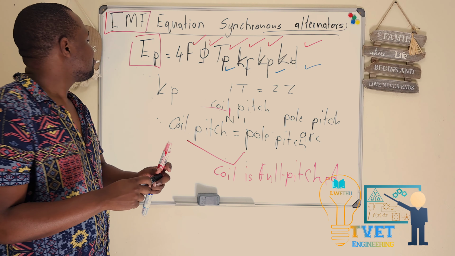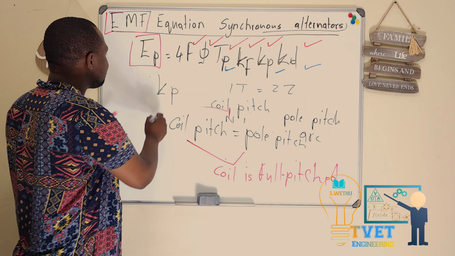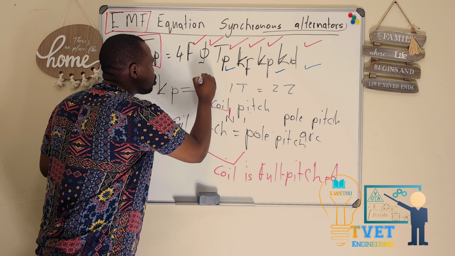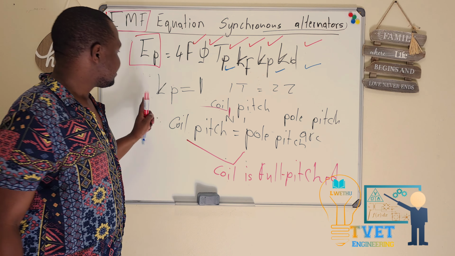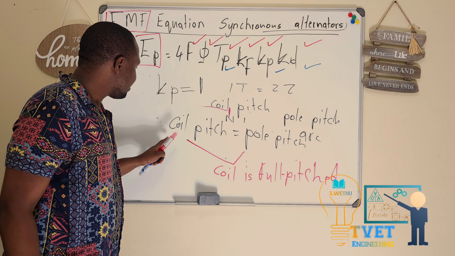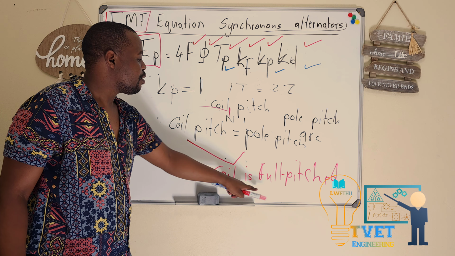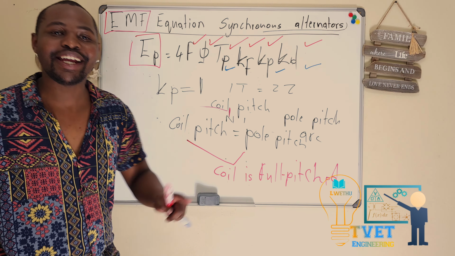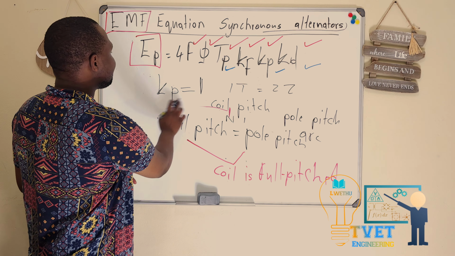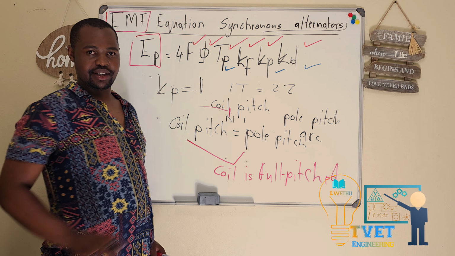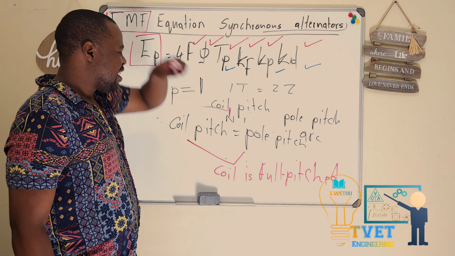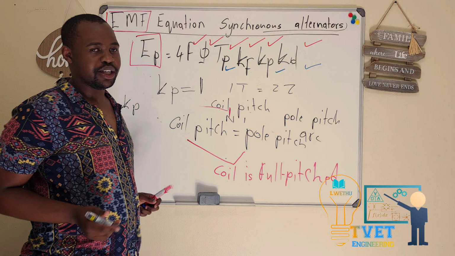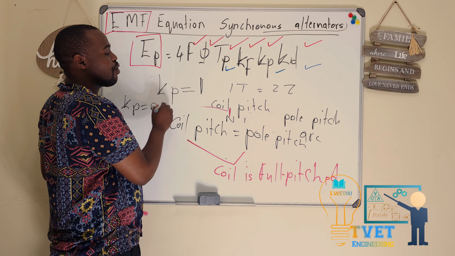When they make that statement, they are basically telling you that Kp, the pitch factor, is equal to 1. When the coils are full pitch, it simply means that the coil pitch and the pole pitch are equal, and Kp will be equal to 1. If they didn't tell you, maybe they will give you the value of the pitch factor, say 0.5.